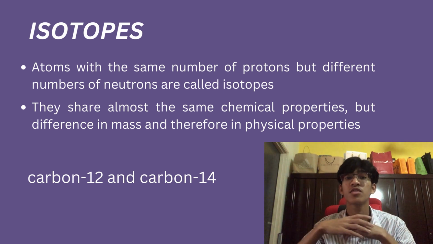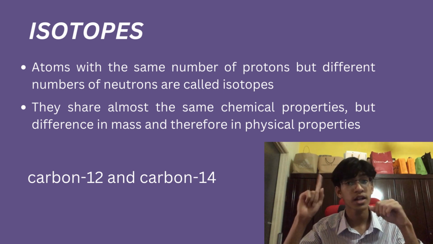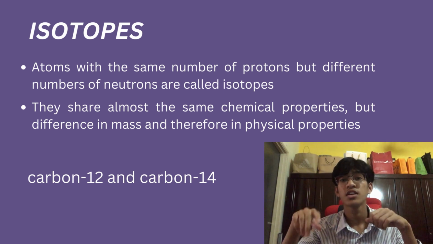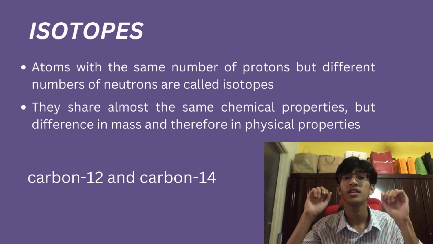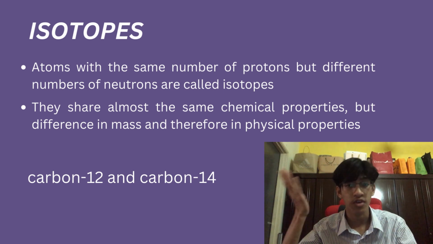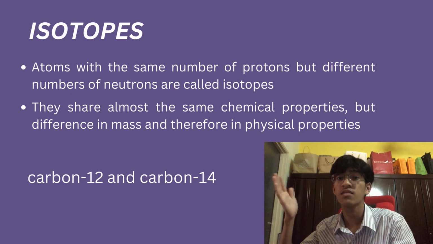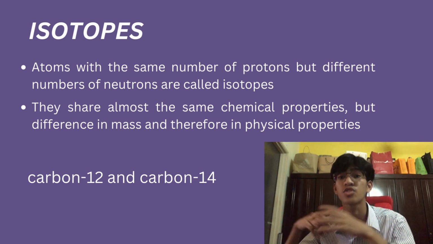Carbon 12 consists of 6 protons and 6 neutrons, but carbon 14 has 6 protons and 8 neutrons. So it becomes carbon 14. They have the same number of protons, which is 6, but a different number of neutrons.